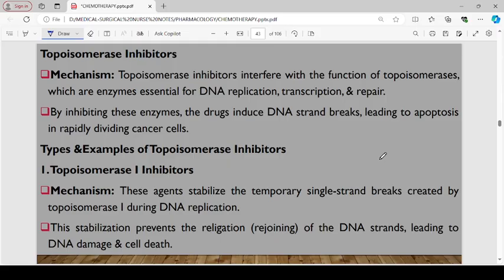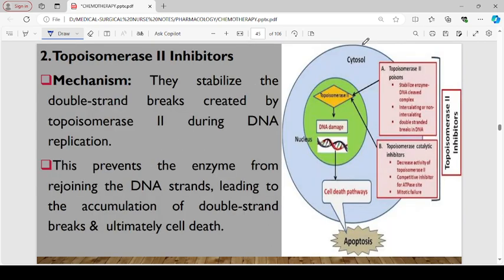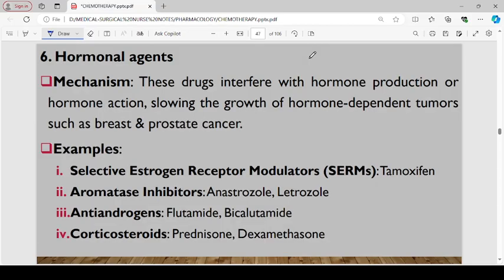In terms of examples, for topoisomerase 1 inhibitors we have examples like topotecan and irinotecan, right? For topoisomerase 2 inhibitors, we also have examples like etoposide and teniposide, all right? So that takes us to the sixth class, which are hormonal agents.